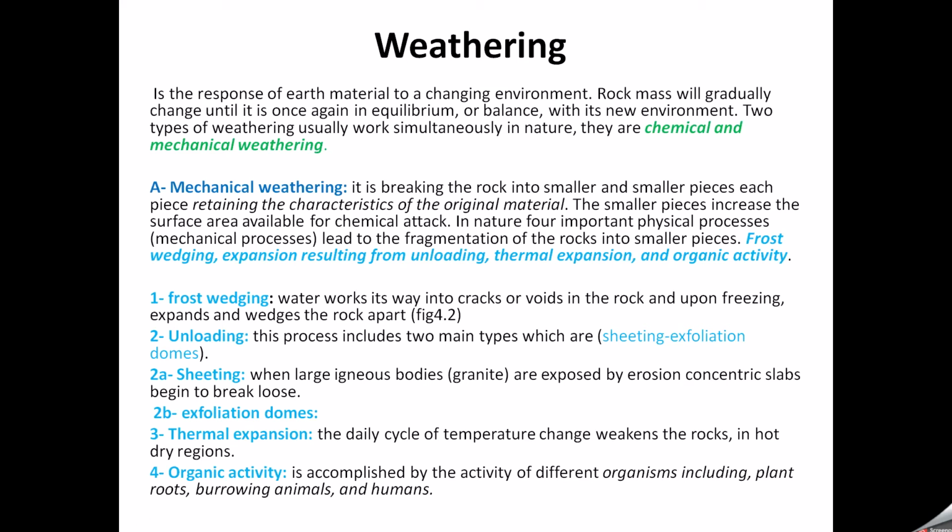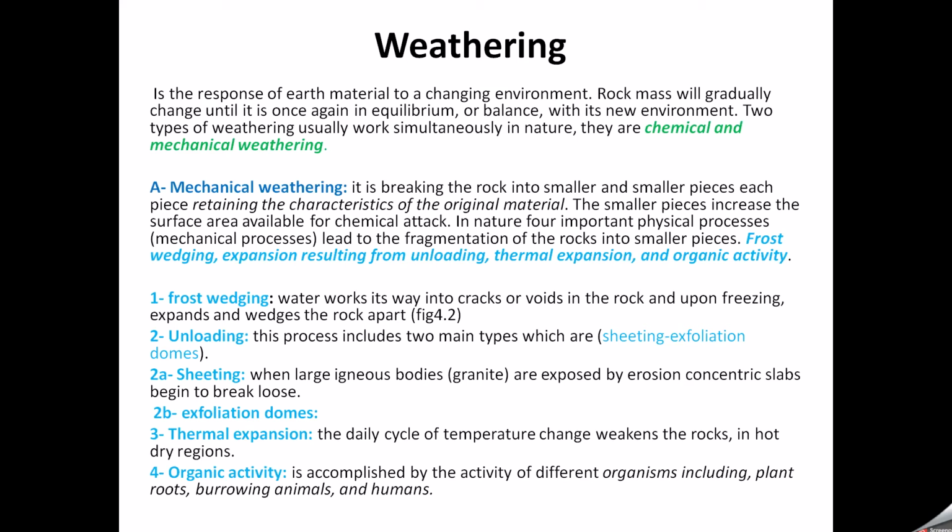So what's mechanical weathering? Mechanical weathering is the breaking of rock into smaller and smaller pieces, each piece retaining the characteristics of the original material. So mechanical weathering is fragmentation of the rock into smaller pieces without changing the original composition of the material.